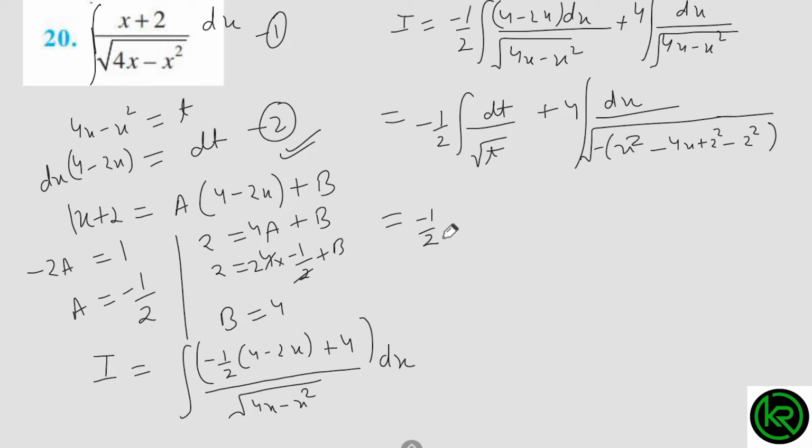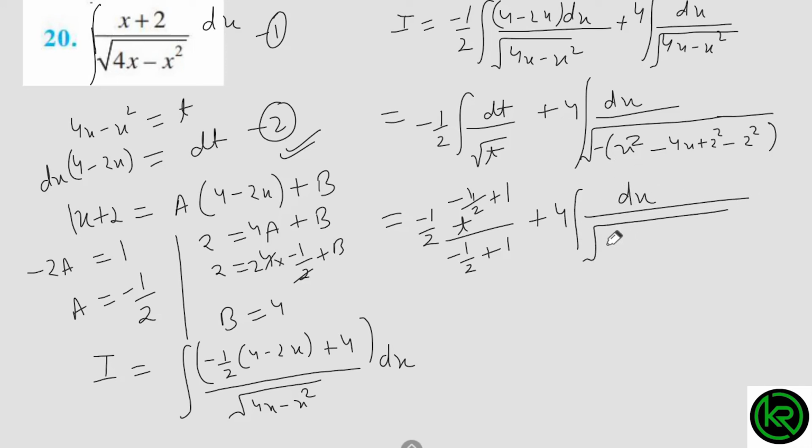And 1 upon under root t integration is what, minus half plus 1 upon minus half plus 1 plus 4, and here dx, and under root minus, we will make here x minus 2 whole square, and minus this 2 square, so minus is going to become plus.